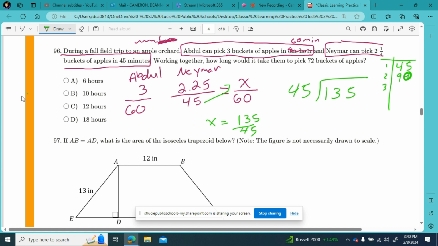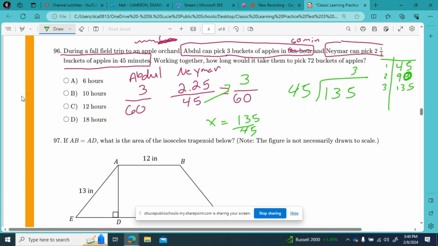And times 3 would be 135. So it's just 3. So look at that. Stinkers. Neymar also gets 3 in 60 minutes, which means Neymar can get 3 buckets per hour.